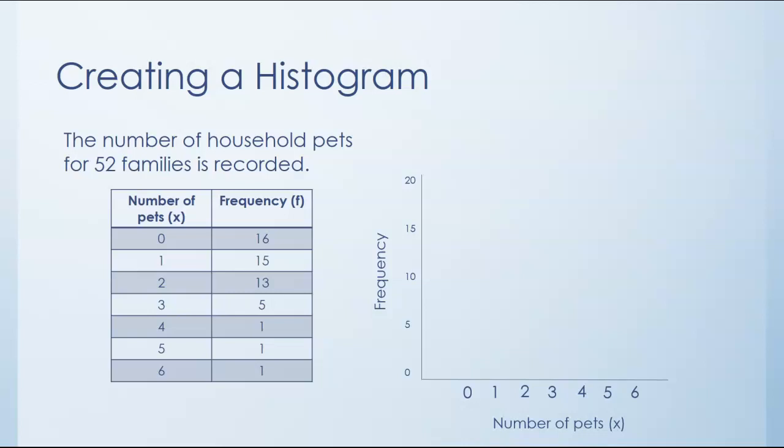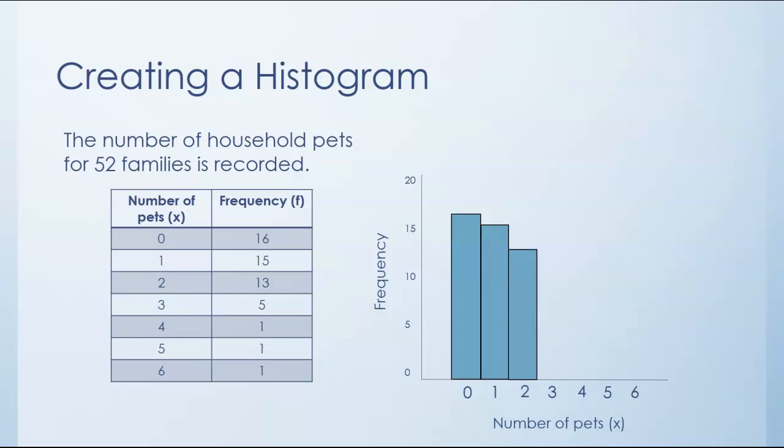So for our first frequency, we've got our 16. Our number of pets was 0. Families that had 0 pets, I'm just going to draw my bar up to 16. Now for our number of pets being 1, we had 15 families, so we're going to draw our bar up to 15. Notice that the bars for the 0 and the 1 are actually touching and they are the exact same width.